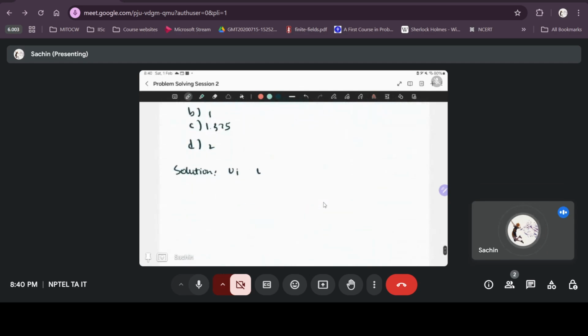Okay, let's just write it down. U1, U2, U3, U4, U5, U6. These are 6 messages. Their probabilities P(Ui) are 1 over 4, 1 over 4, 1 over 8, 1 over 8, 1 over 8, and 1 over 8.